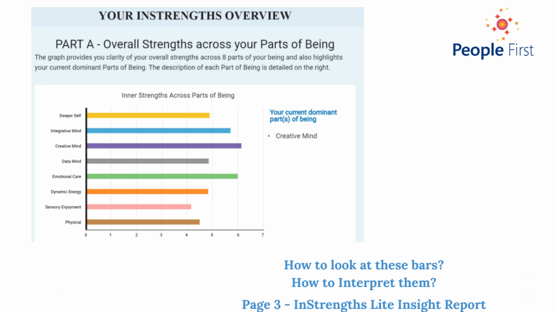The next up from top on page 3, second, third, and fourth, are the 3 parts of the mind: the integrative mind, the creative mind, and the data mind. What are they? Go to page 6 of the PDF. This is shown on keywords on the right side column.